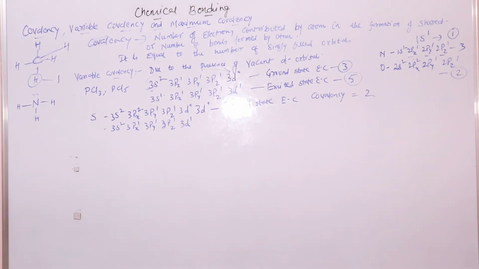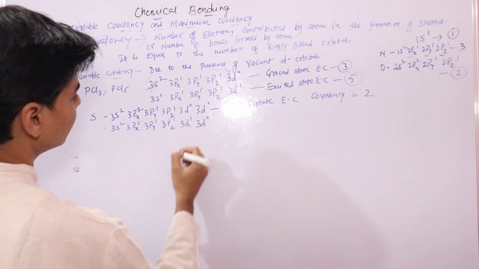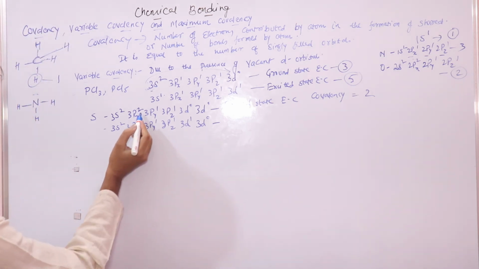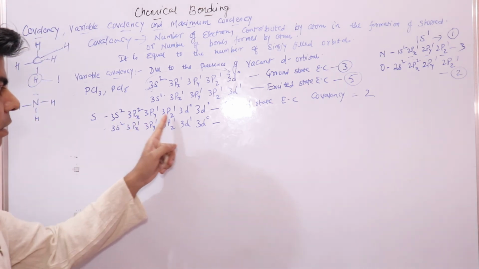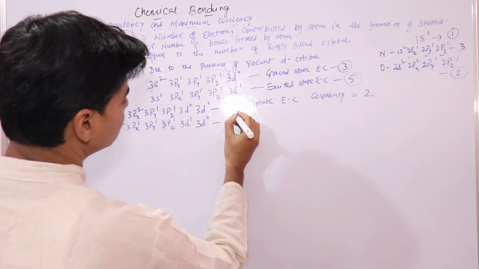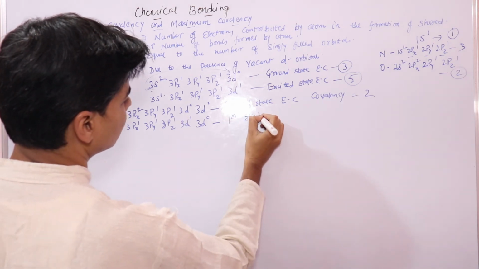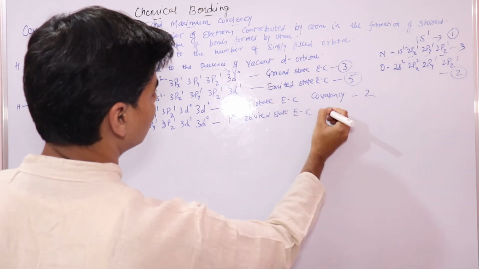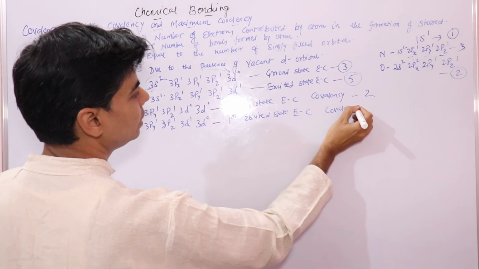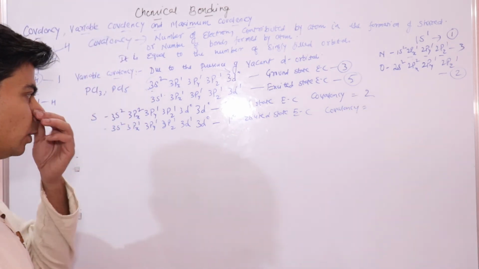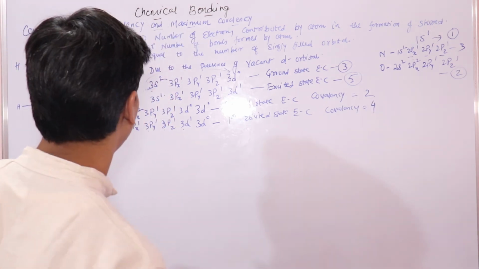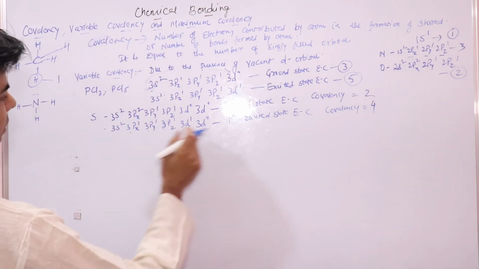Then 3d0. So we call it as first excited state, because one electron is transferred from p orbital to vacant d orbital. This is your first excited state electronic configuration, and here the covalency would be equal to the number of half filled orbitals, 1, 2, 3, 4, it's 4, right?